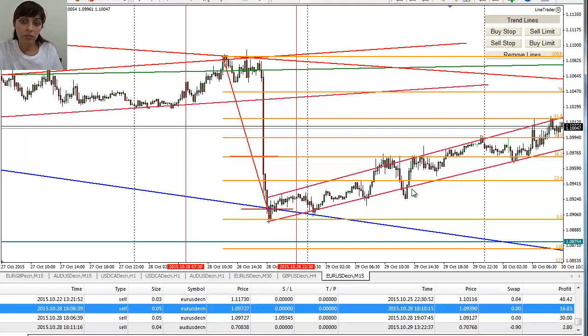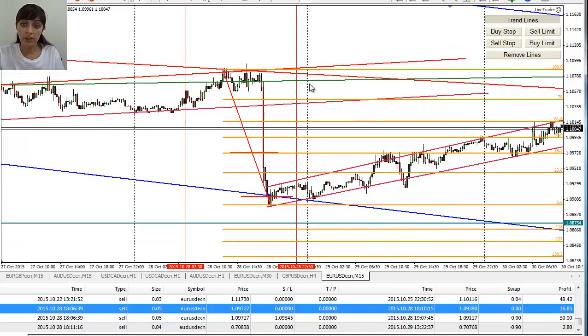Am I 100% sure about it? No, of course not. But by the look of it, it does move, getting closer to 61 to 78, and it's getting closer to our red line from these two tops.